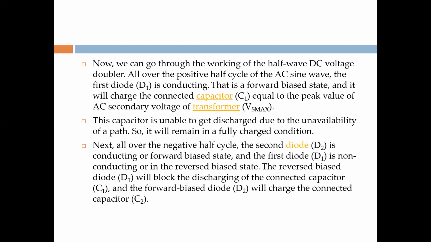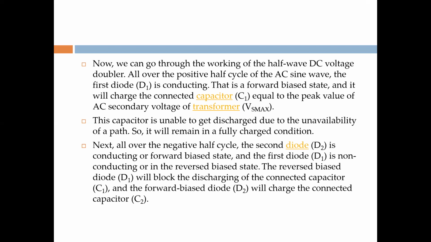Now in this case, D2 is conducting and D1 is reverse. The first diode D1 is non-conducting or reverse bias. Due to this reverse bias, diode D1 will block the discharging of the connected capacitor C1. There is no path available for capacitor C1 to discharge.